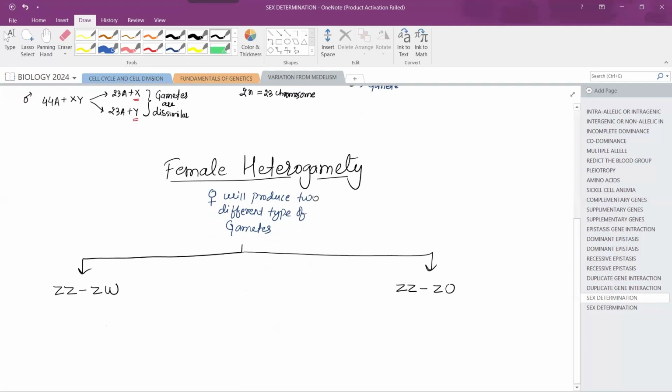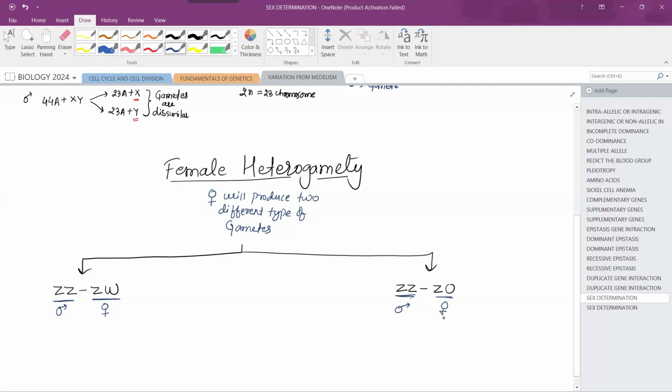In this case, this is our male and this is our female sex chromosome.